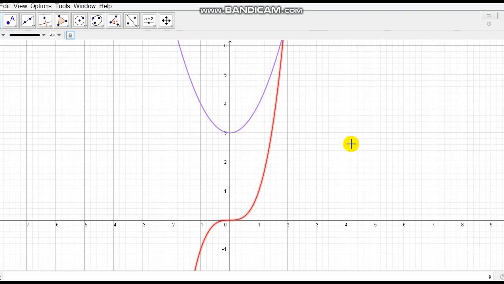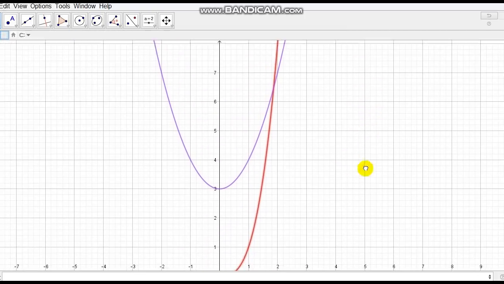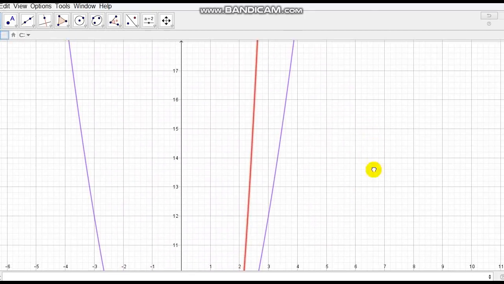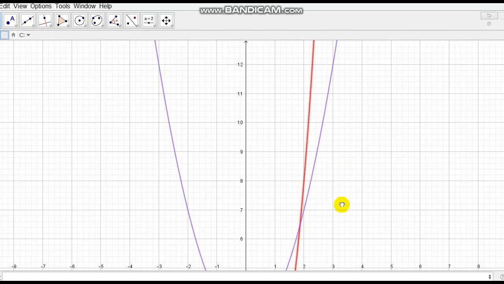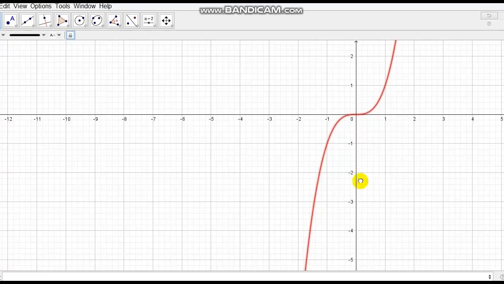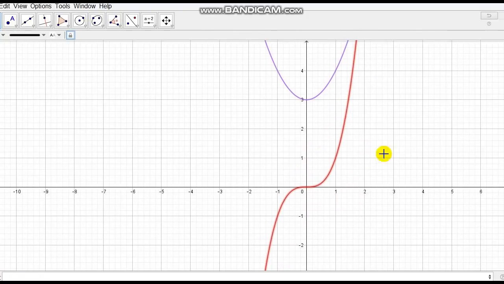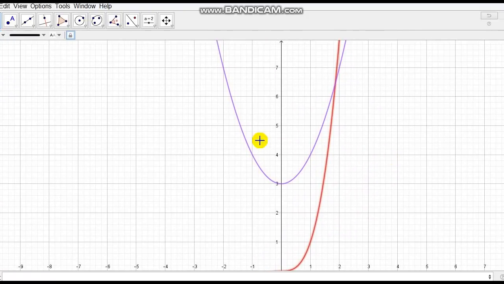It extends infinitely going upward, but we can say that there's no limit on which it extends. It also goes down infinitely, and it extends both to the left and to the right. This graph, however, is not onto because if we observe the graph, it goes down until it reaches the point 3.